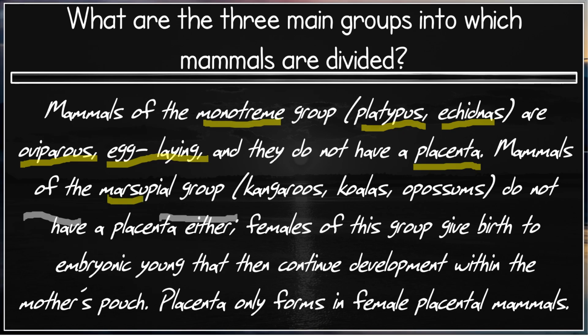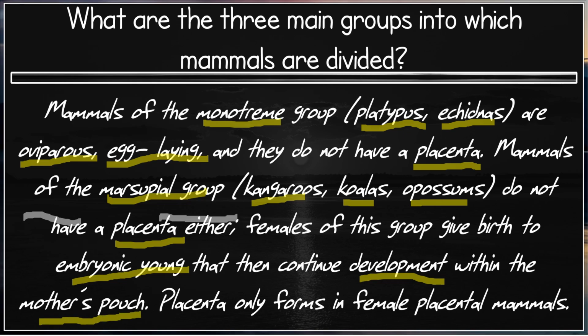Mammals of the marsupial group, like the kangaroo, koalas, and opossums, do not have a placenta either. Females of this group give birth to embryonic young that then continue development within the mother's pouch. Placenta only forms in female placental mammals.